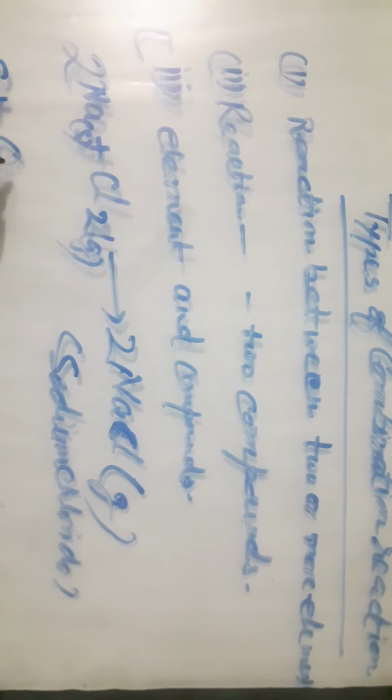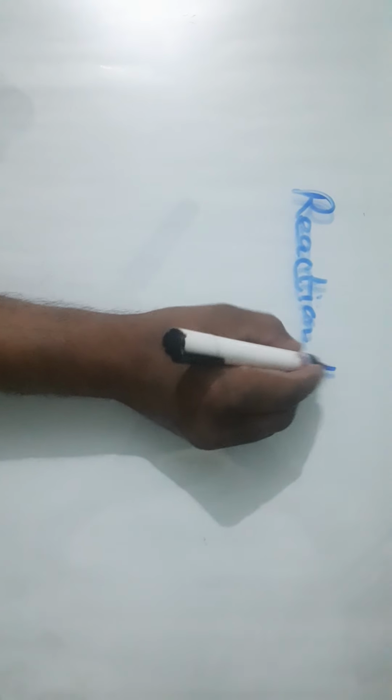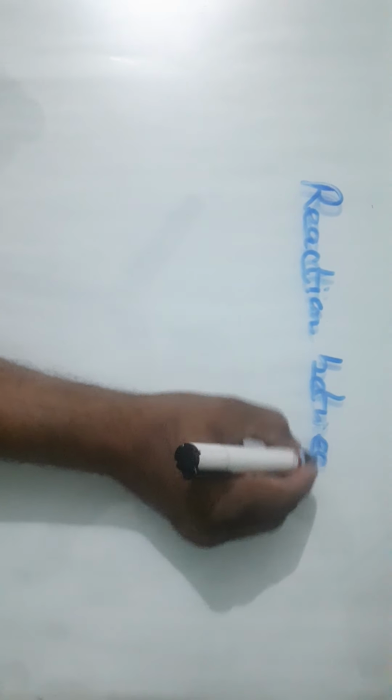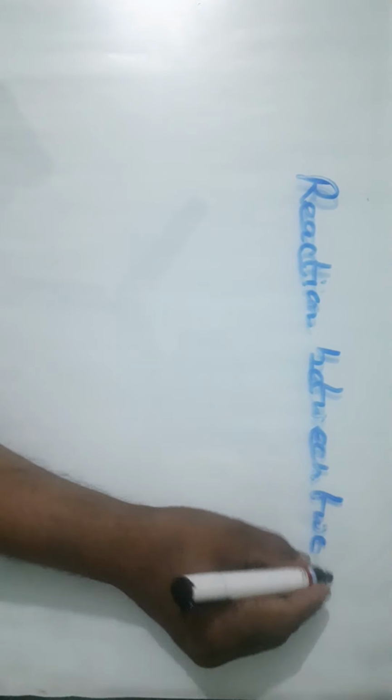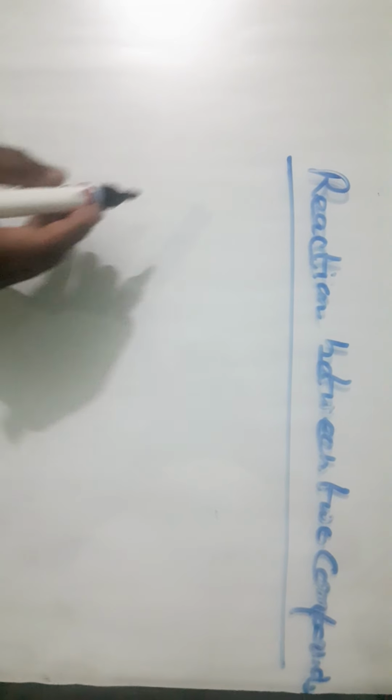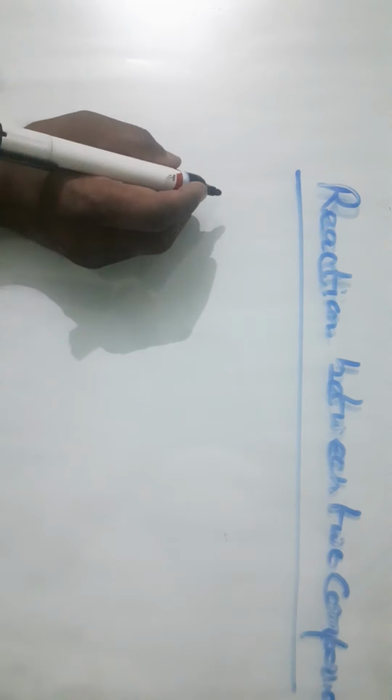Now we are taking the second type of combination reaction, that is reaction between two compounds. In this type of reaction, two compounds react with each other to form a new compound.